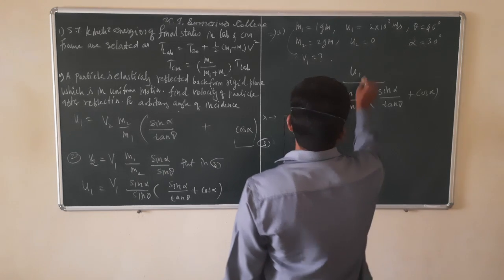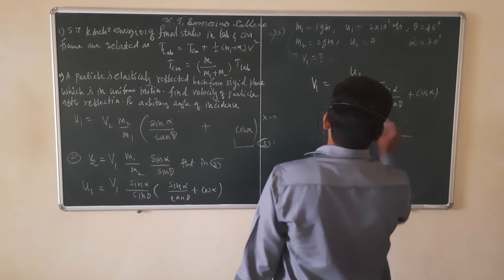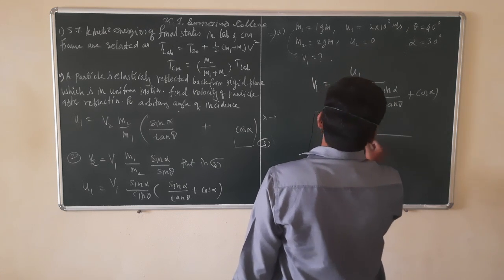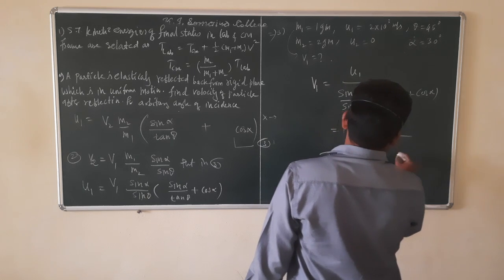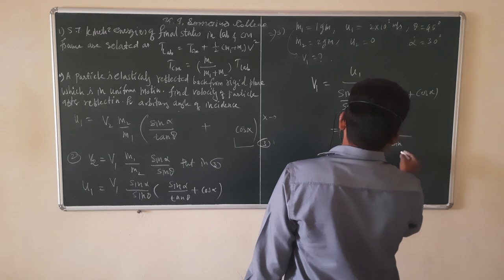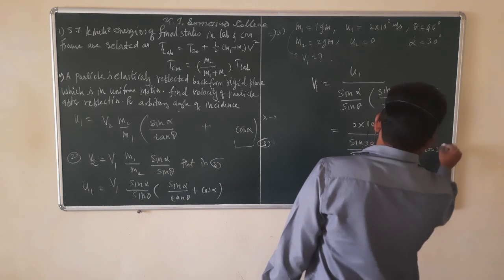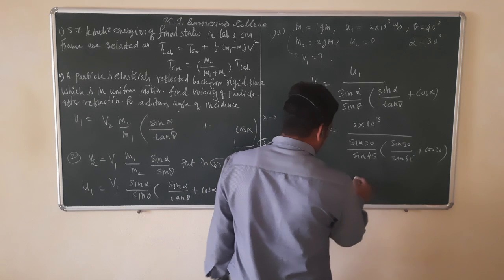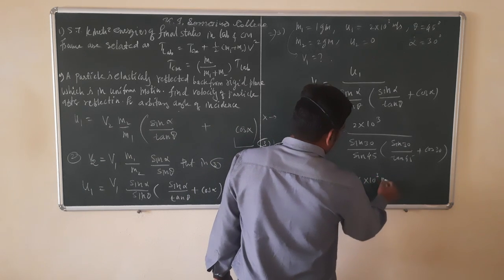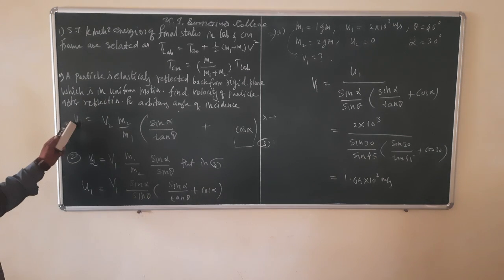By using the given values, u1 is 2 into 10 raised to 3, sine of alpha, which is sine 30, divided by sine 45, multiplied by sine 30 upon tan 45 plus cos 30. If you solve this on a calculator, you will get 1.04 into 10 raised to 3 meter per second. So this is the answer for our given problem number 3.